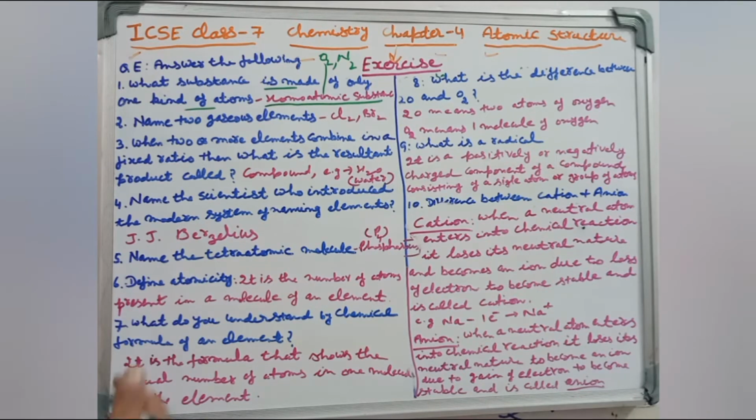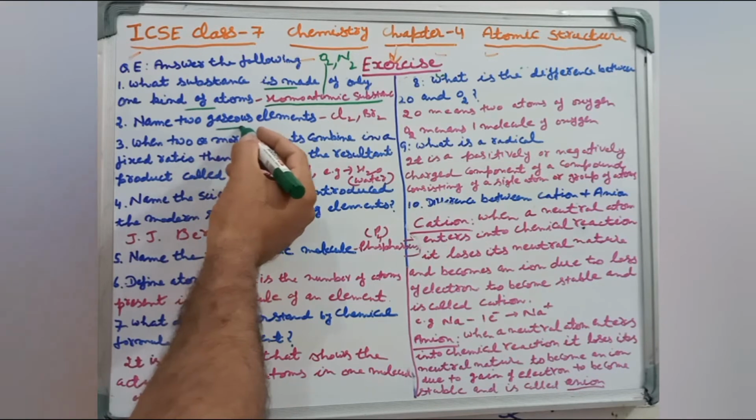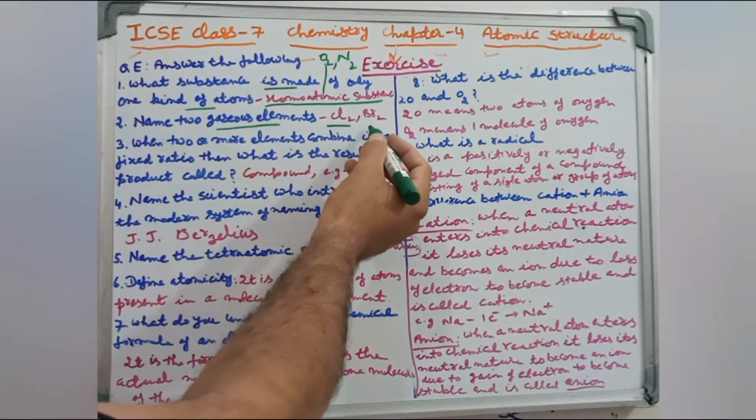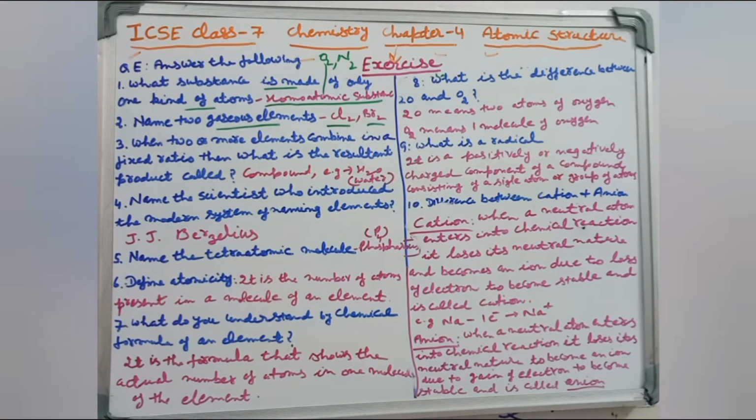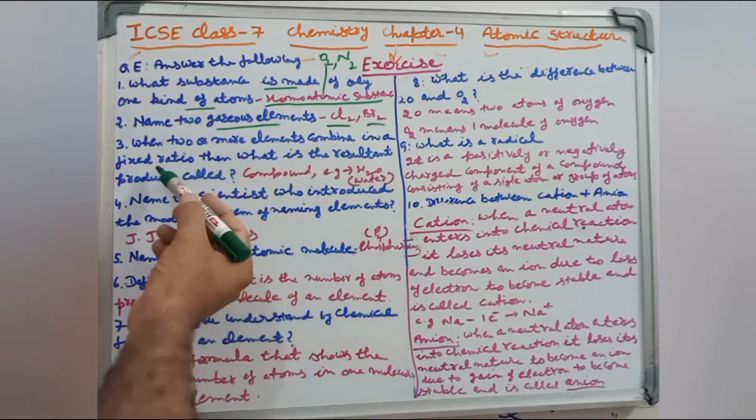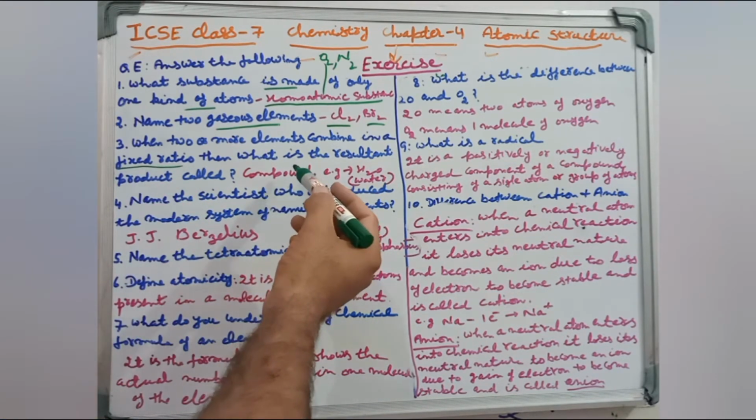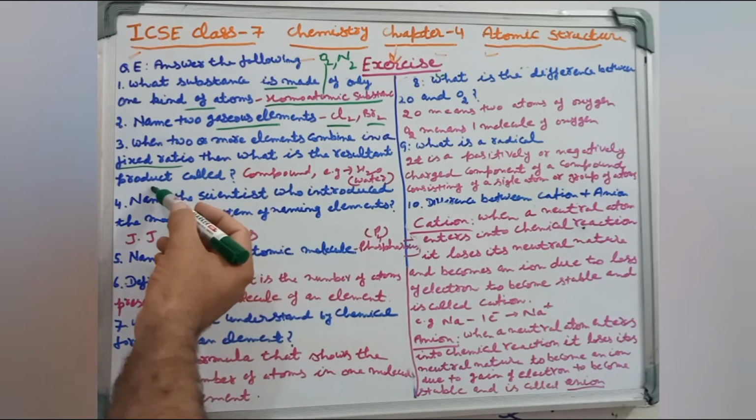Right? Next question: name 2 gaseous elements. These are chlorine and bromine. Cl2 means chlorine, Br2 means bromine. Now third: when 2 or more elements combine in a fixed ratio, remember, fixed ratio, what is the resultant product called?